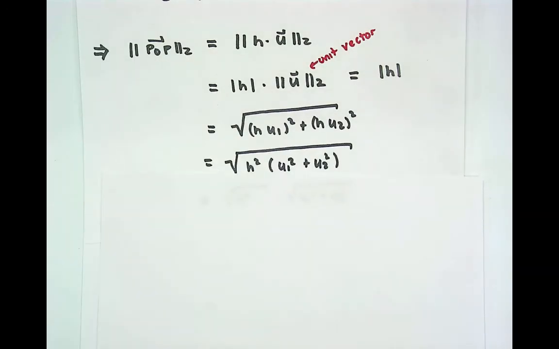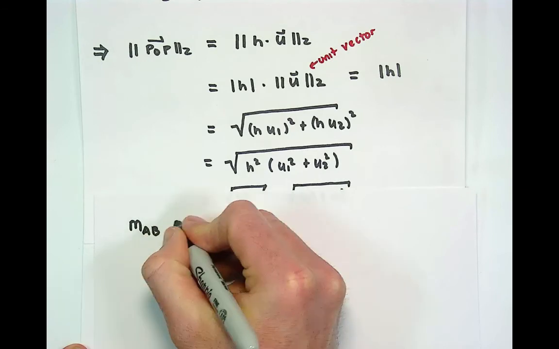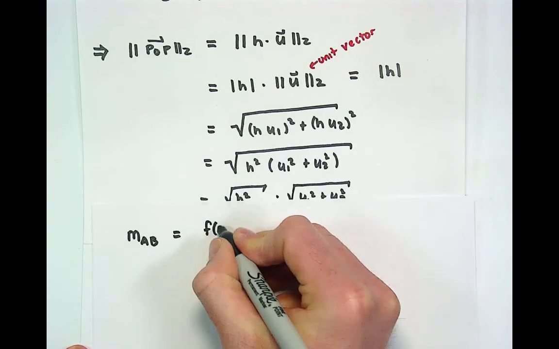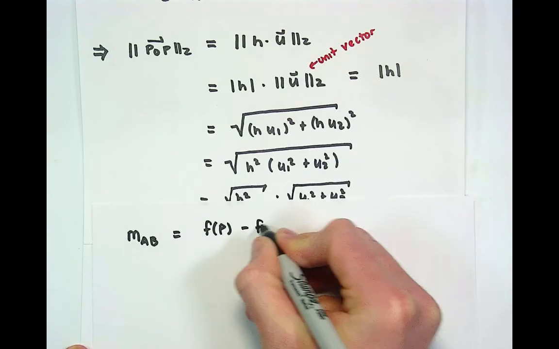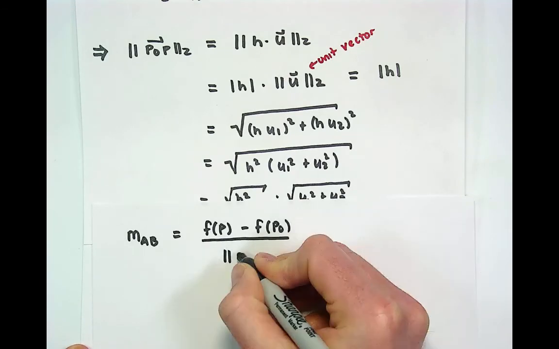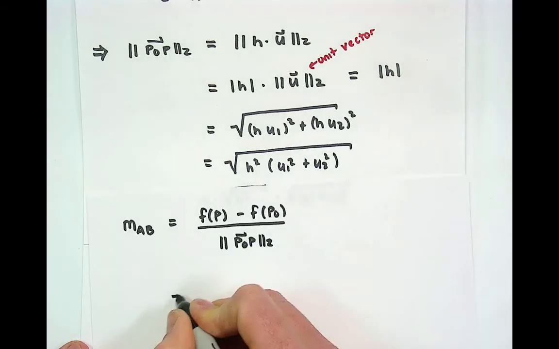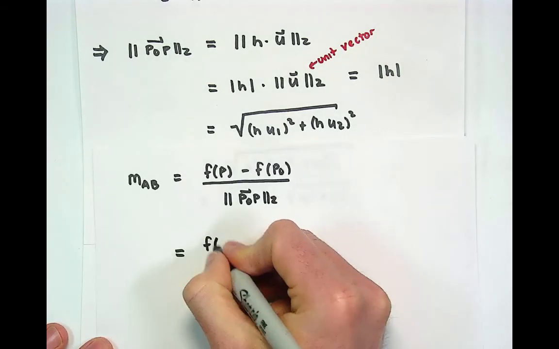So the slope of the secant line, what we just saw, m of AB, was given by the difference between the rise of the function versus the run. And then this is where I'm going to do something crazy.